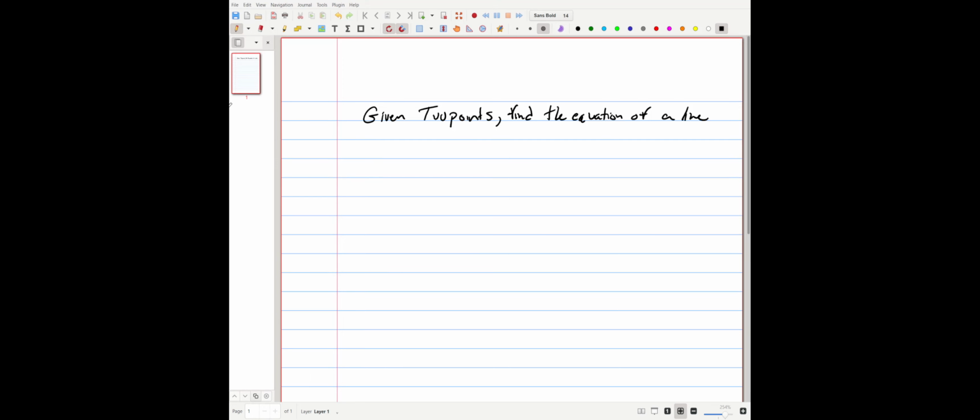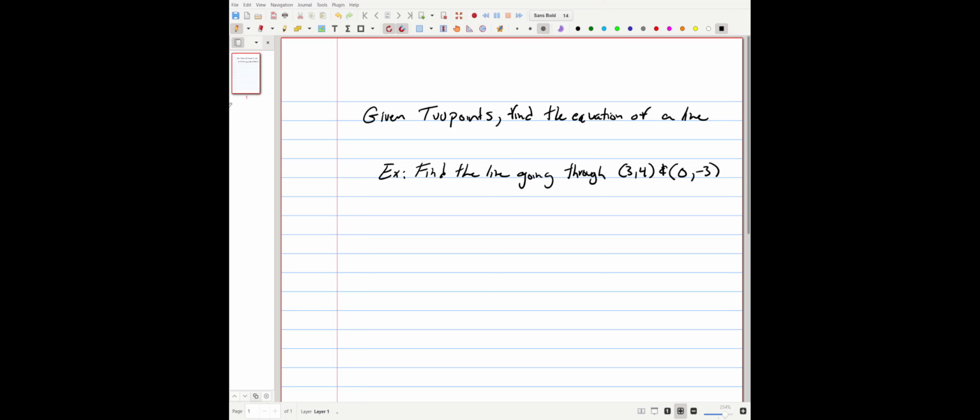But if we're only given 2 points, we have to do one extra step. So for an example, let's say they tell us to find the line going through (3, 4) and (0, negative 3).